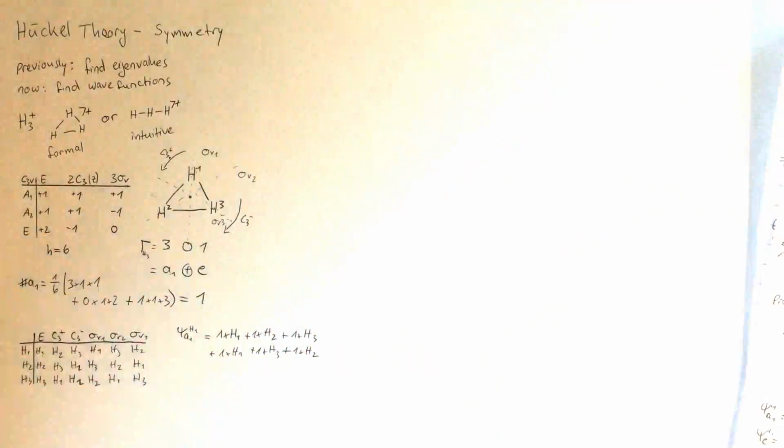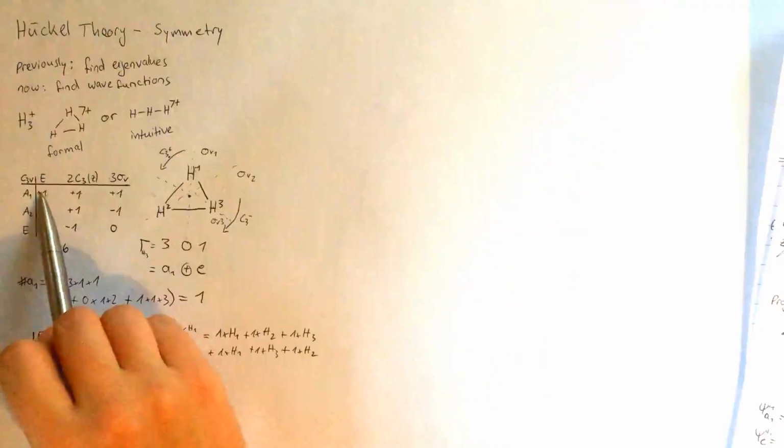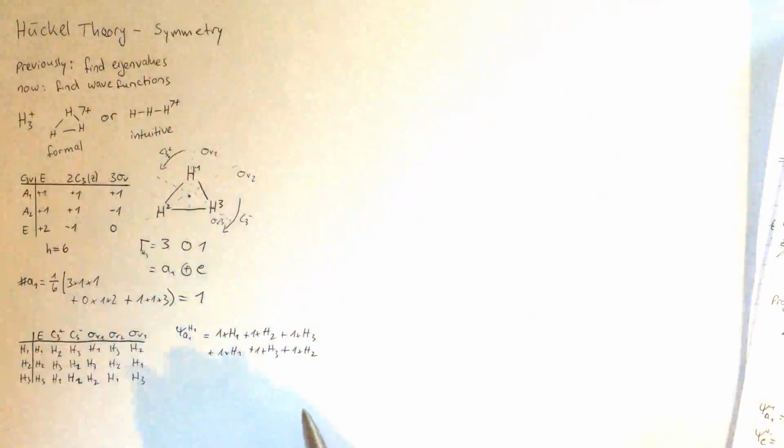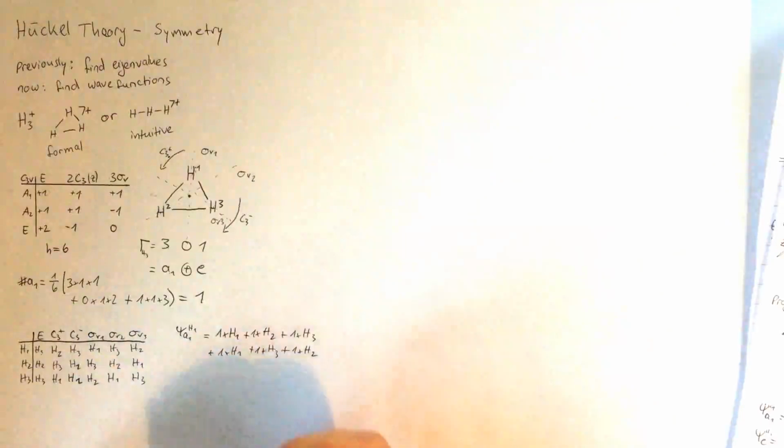Now I would have to do the same with H2 and H3, but as we can quickly see, because the character of A1 is plus 1 everywhere, they're going to look exactly like this wave function, which means we've already found our wave function that transforms as the A1 irrep.